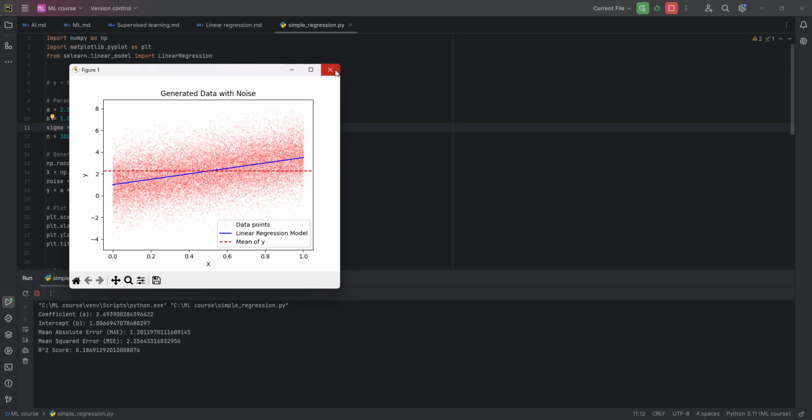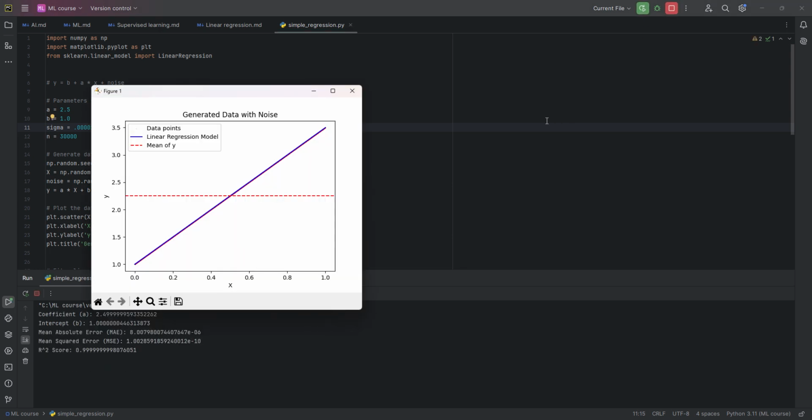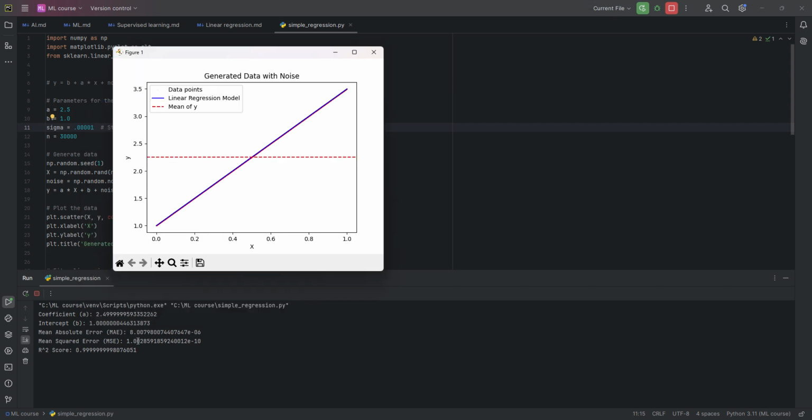And now for the last test, let's put the sigma very low, and let's run this again. You can see that the model is perfectly fitting the data here because there is no noise. Let's look at the numbers.